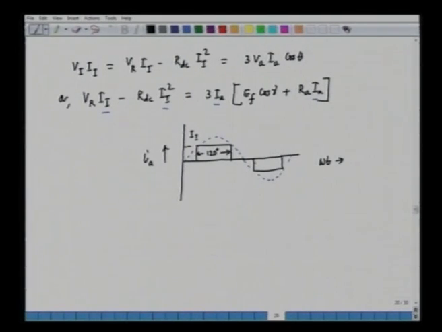Similarly, in the negative half cycle it is symmetrical, 120 degrees, and the duration between the two pulses is 60 degrees.